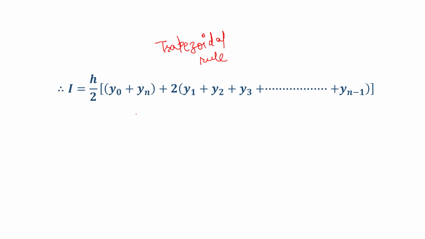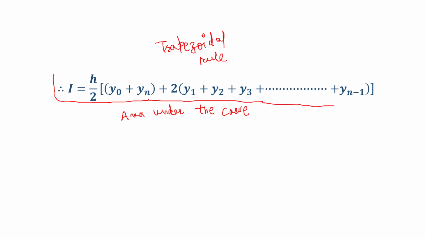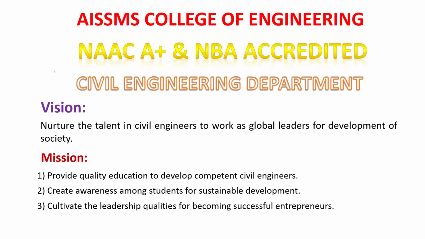Using this formula, we can find the area under the curve from 0 to n. So this is all about the trapezoidal rule, or trapezoidal formula, to find the approximate value under the curve. We will stop here. Thank you.